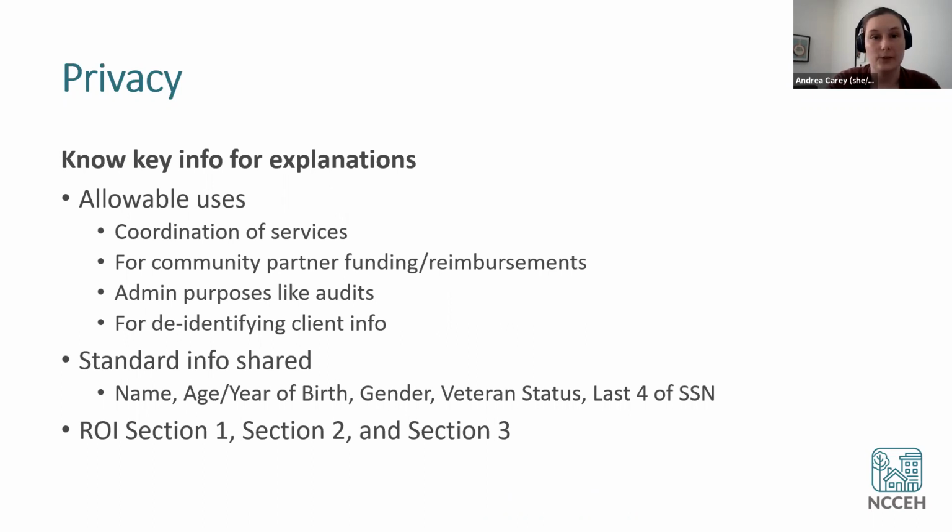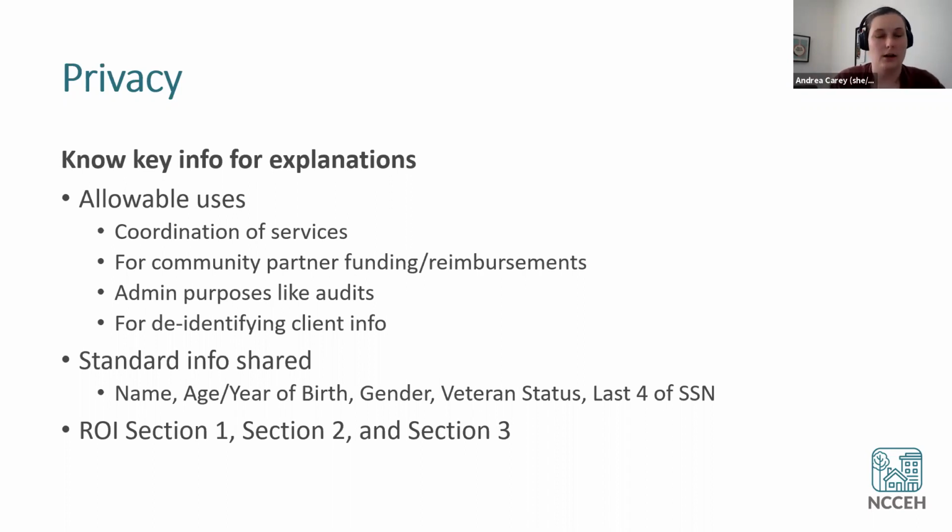We may need to explain things like the allowable uses that are listed in the ROI and the privacy notice. Remember that the ROI is that client-facing document which asks folks specifically to consent to a couple different sharing options, and the privacy notice is more in depth.